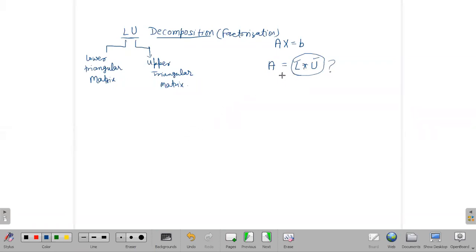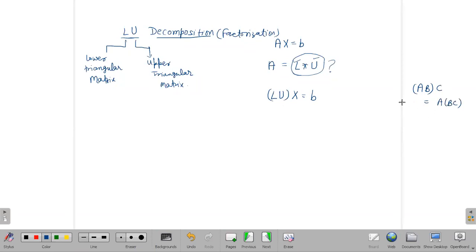Suppose you found these L and U. Then you put it here: LU into X is equal to B. Now how to get the solution from here? You know that matrix multiplication is associative. If you take the multiplication of two matrices and then with a third matrix, it will be equal.